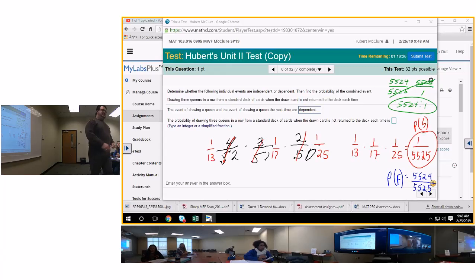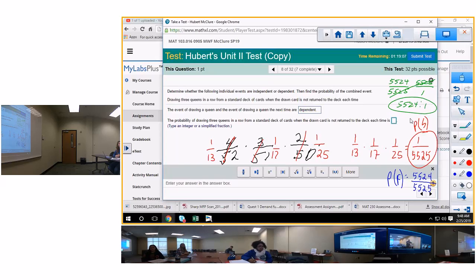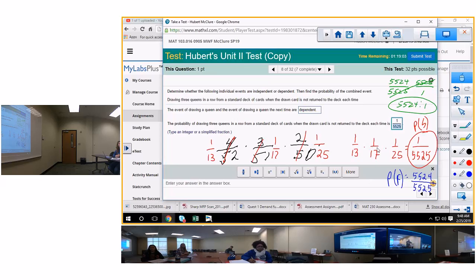No. But you have a better chance of getting struck by lightning than you do to pull 3 queens in a row. So we would say 1 over what? 5525. 1 over 5525. Next question.